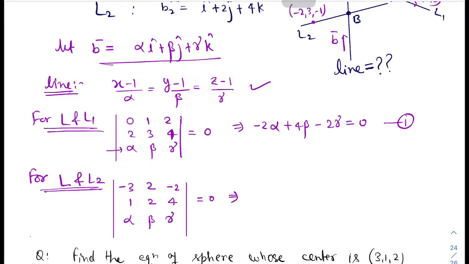The required line is parallel to the vector alpha I plus beta j plus gamma k. So this scalar triple product must be 0, and we will get 8 plus 4, that is 12 alpha, minus 12 plus 2 is minus 10, so it will be 10 beta, and finally minus 6 minus 2 is minus 8 gamma equal to 0. By simplifying, by dividing it by 2 we can get 6 alpha plus 5 beta minus 4 gamma is equal to 0.